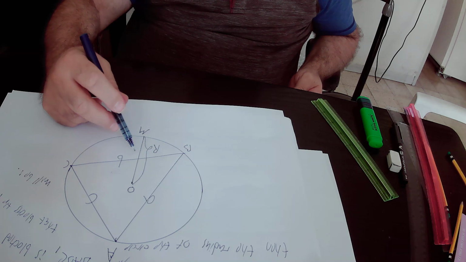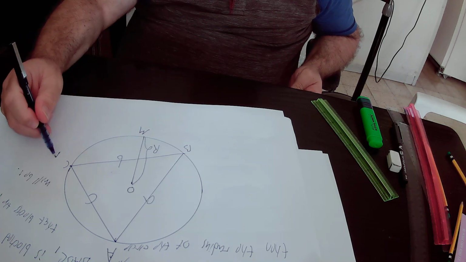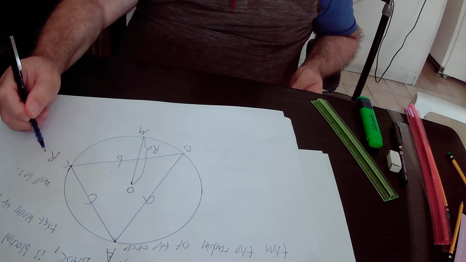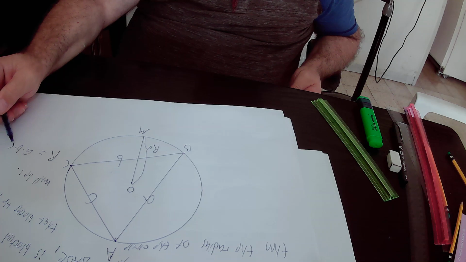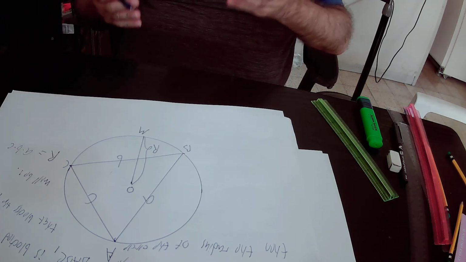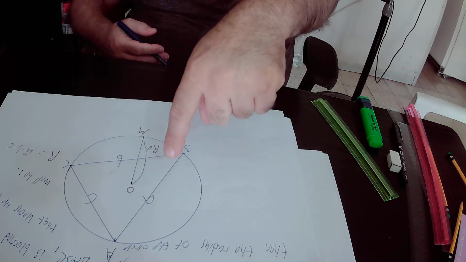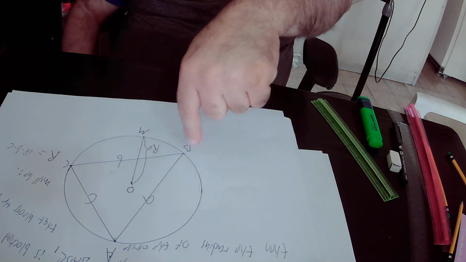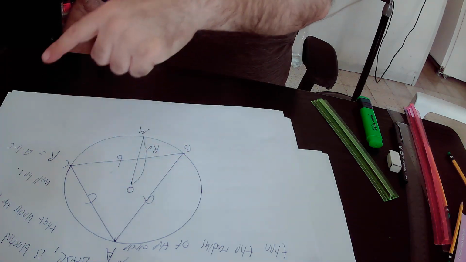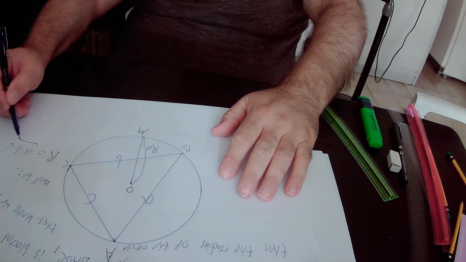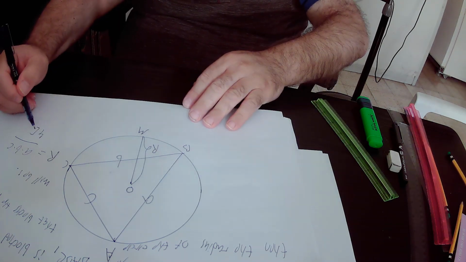Here we define the radius of this circle as capital R. It will be equal to A times B times C. This is the multiplication of the side lengths of the triangle by each other. The length of side AB is A, the length of side BC is B, and the length of side AC is C. So it is A times B times C over 4 times the area of triangle ABC.